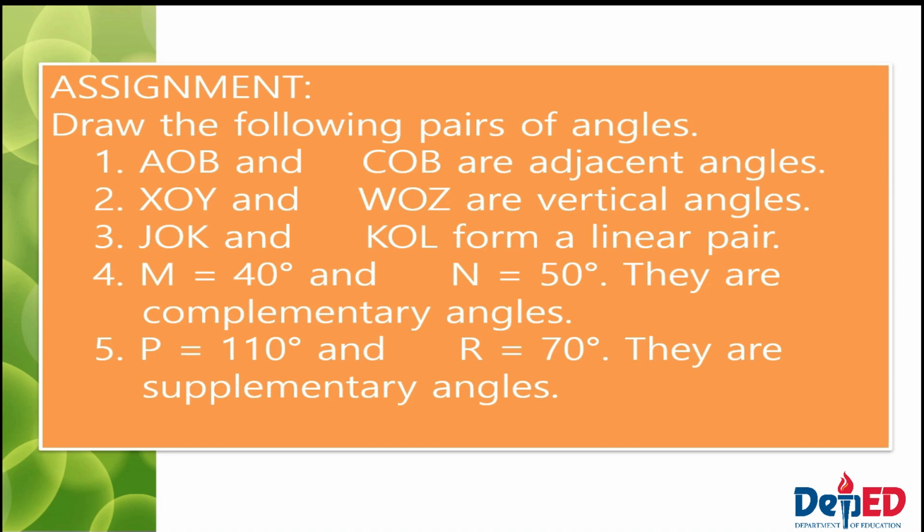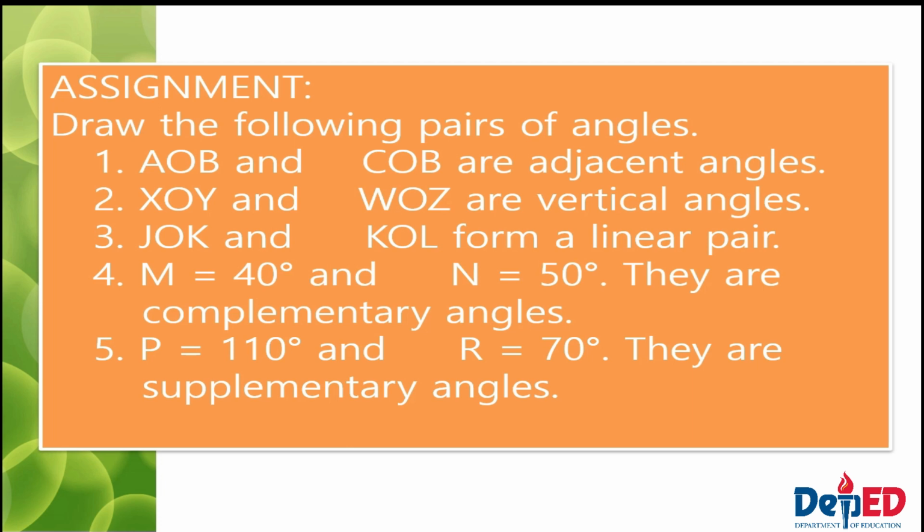For your assignment, draw the following pairs of angles. Number 1, AOB and COB are adjacent angles. Number 2, XOY and WOZ are vertical angles. Number 3, JOK and KOL form a linear pair.